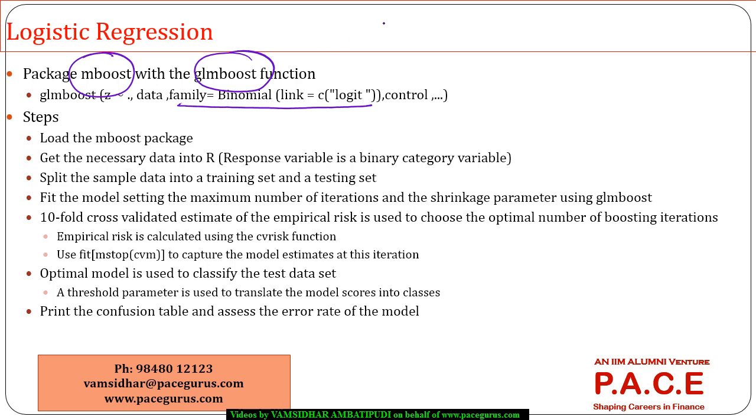Earlier we were using family equal to Gaussian. If I wanted an L2 regression boost, then I had used Laplace. If I wanted L1 regression, then I have used Huber if I wanted a robust regression, and when I have used quantreg, it is more like I am going with a quantile regression.